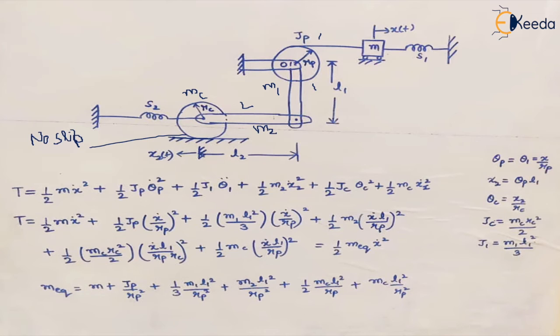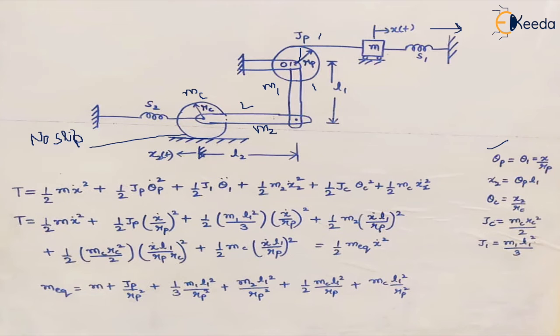So if this mass m is displaced by some distance, let's say x, what will happen? The pulley will rotate by some angle, let's say theta p, and let this theta p be equal to theta 1.